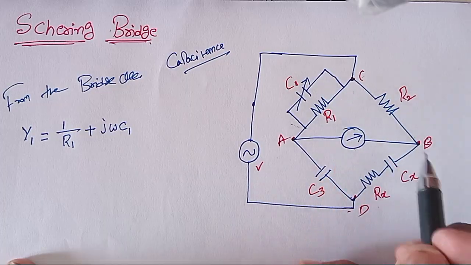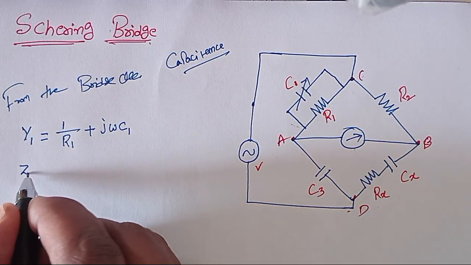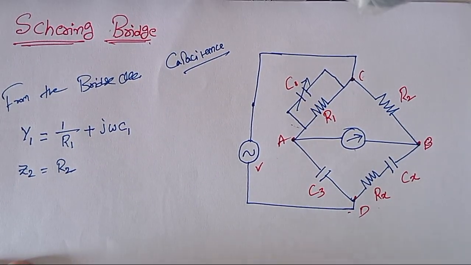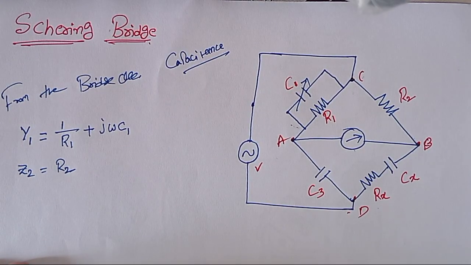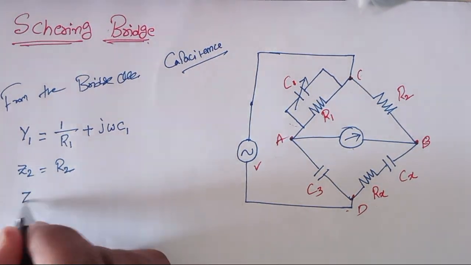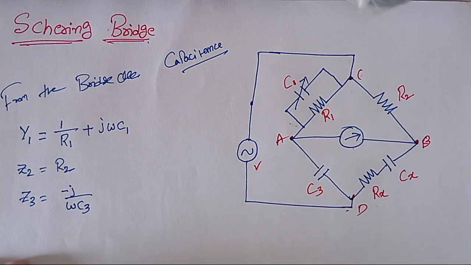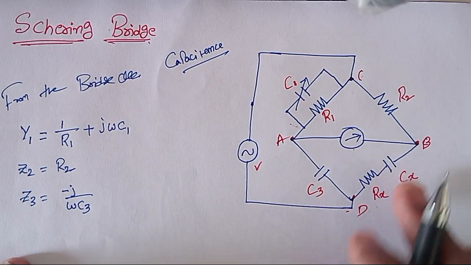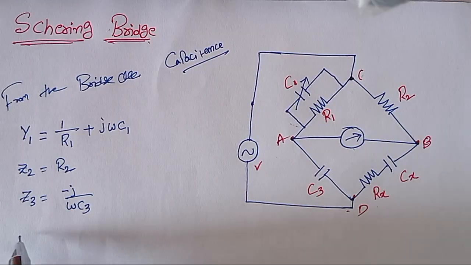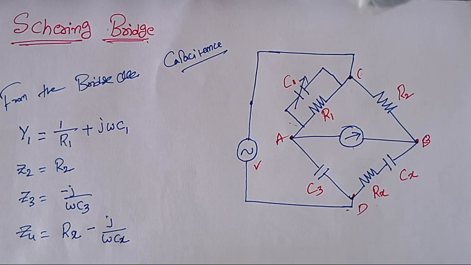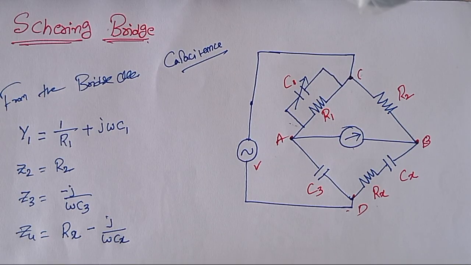Coming to the second arm, we're having only resistor R2, so Z2 equal to R2. In the third arm, we're having only capacitor C3, so Z3 equal to minus j by omega C3. In the fourth arm, we're having R and C series combination, so Z4 equal to Rx minus j by omega Cx. These are the impedances of the four arms.